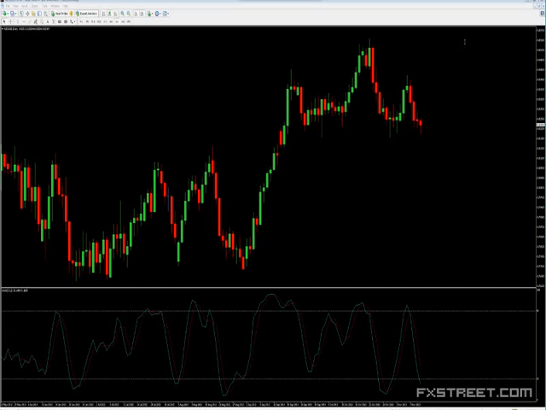Make sure the divergence has meaning. Just because we have a high going higher and on the indicator a low going lower, it doesn't mean anything. But make sure it looks like an area where people are going to get crushed. And that's the area of interest.